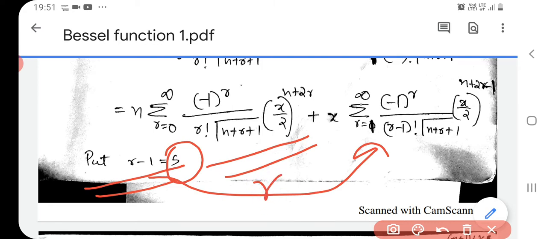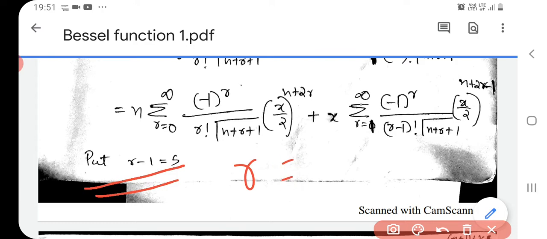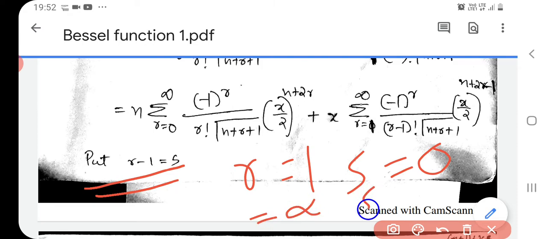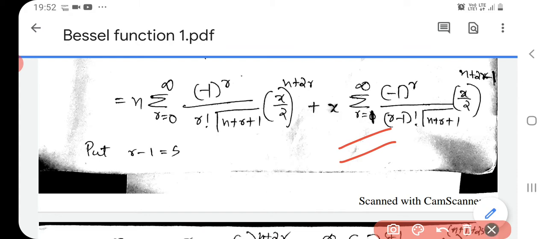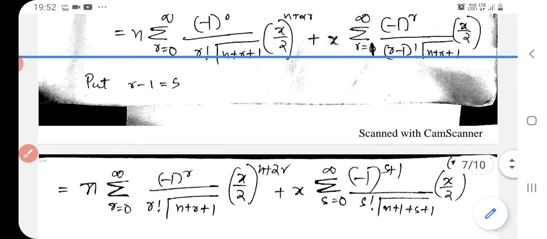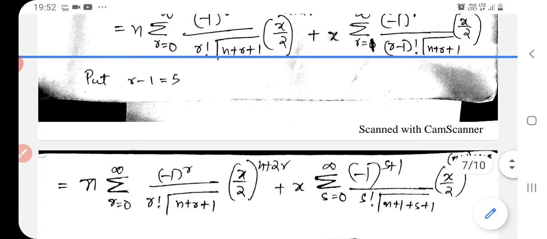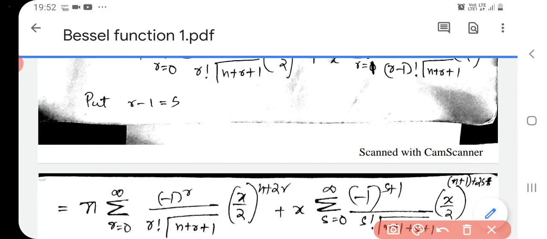When r equal to 1, s is equal to 0. When r equal to infinity, s is equal to infinity. So we have sigma r equal to 1 to infinity here, that becomes s equal to 0 to infinity if you make this substitution.